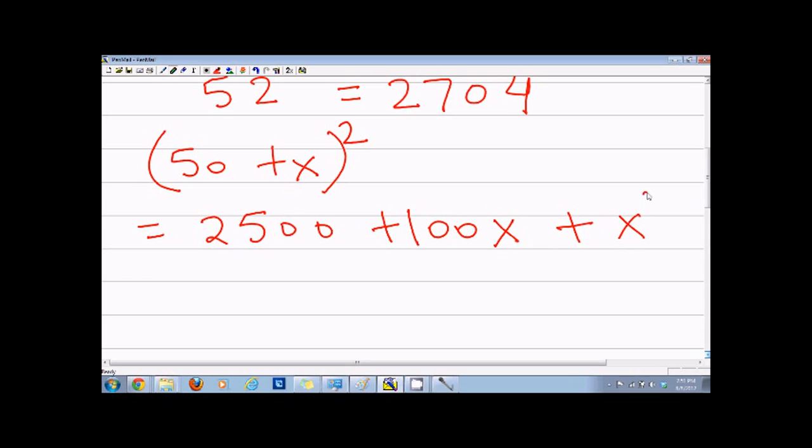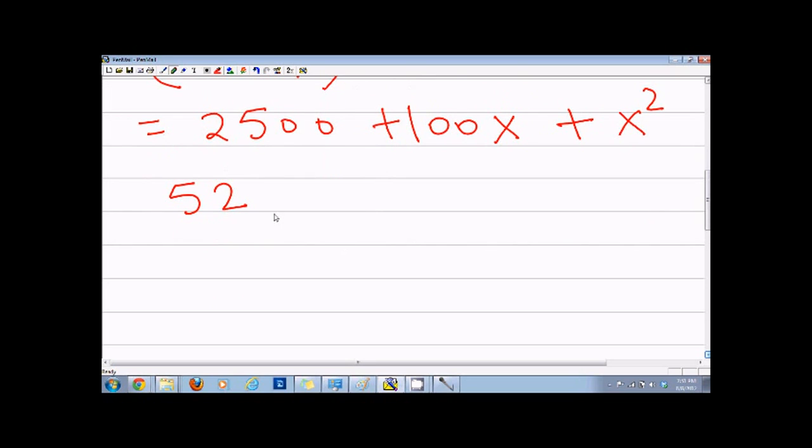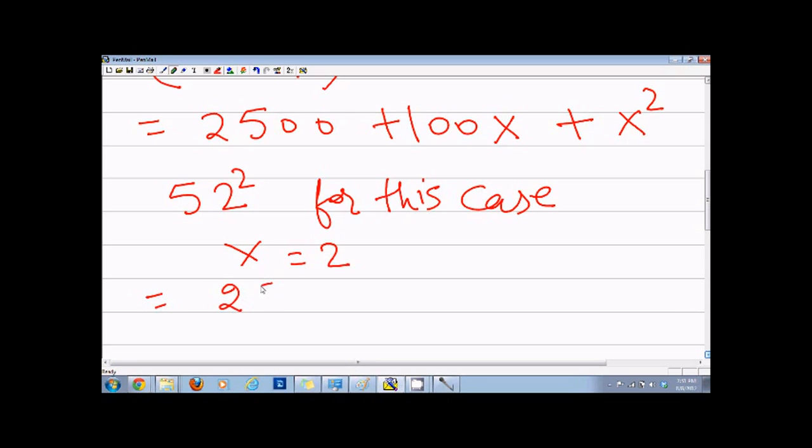So you can see that if I am taking the square of 52, then in this case x is equal to 2, and if x is equal to 2, then you can go back to the equation and say 2500 plus 2 into 100 plus 2 squared.